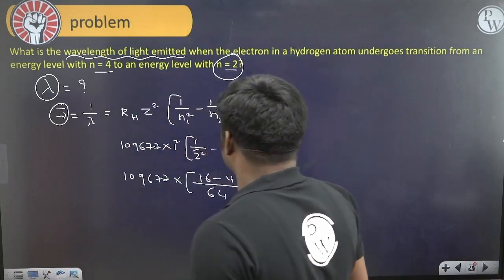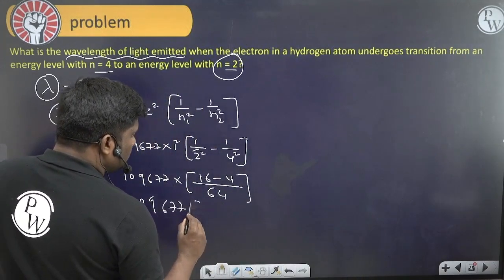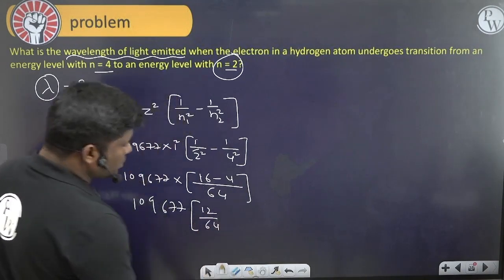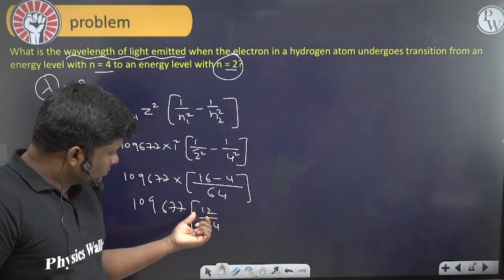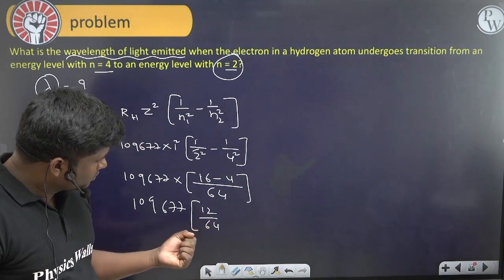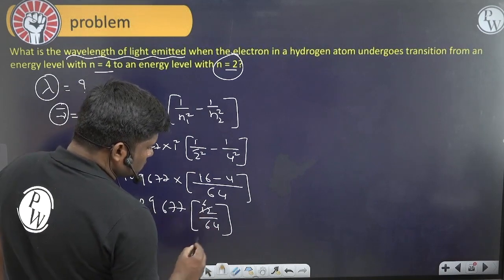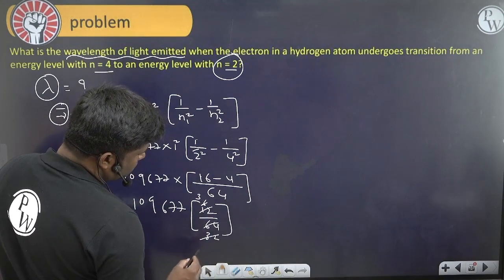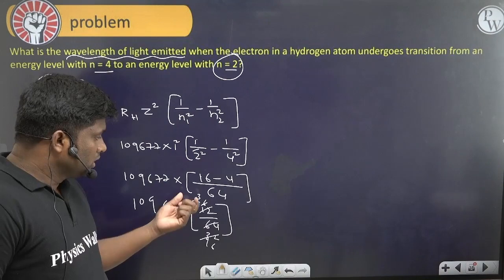So this is 109677 into 16 minus 4 is 12, 12 by 64. 12 by 64 means 3 by 16.